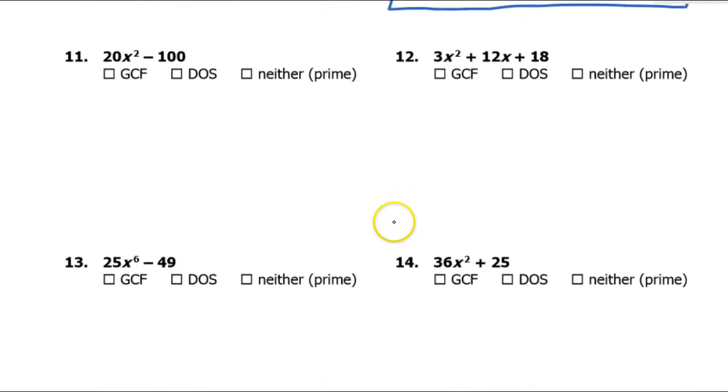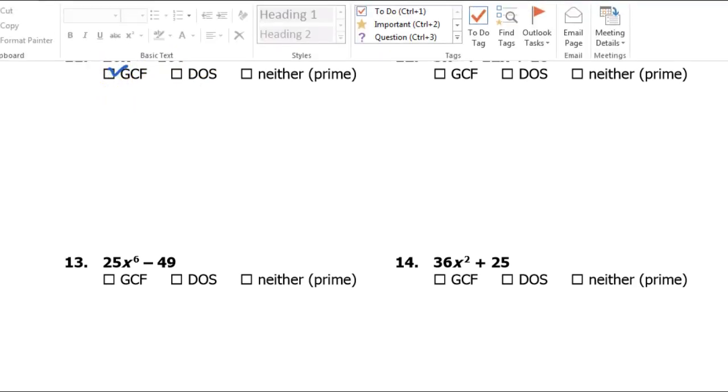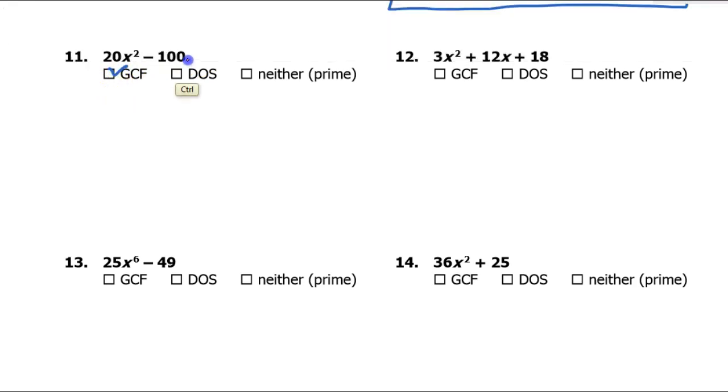Okay, how about number 11? 20 is not a perfect square, so this does not fit the difference of squares pattern. However, there is a common factor, so let's do the GCF. Okay, the second term has no variable, so that means there will be no variable in the GCF. But what about the number part? Well, both of these are divisible by 20.